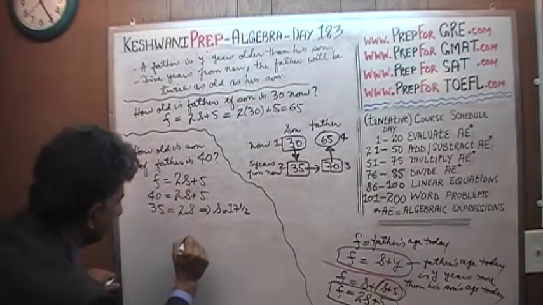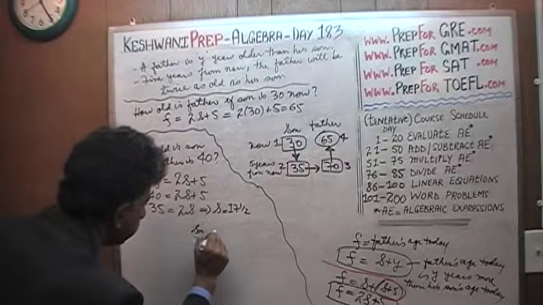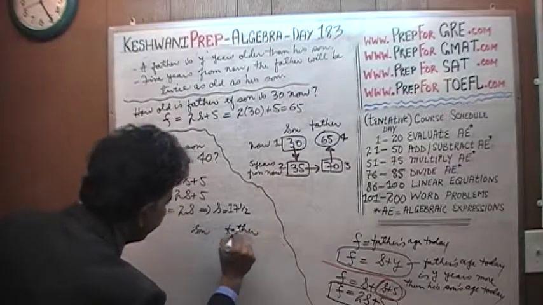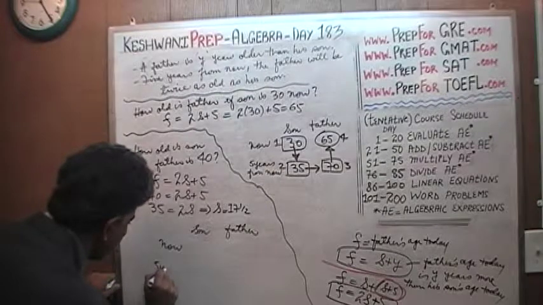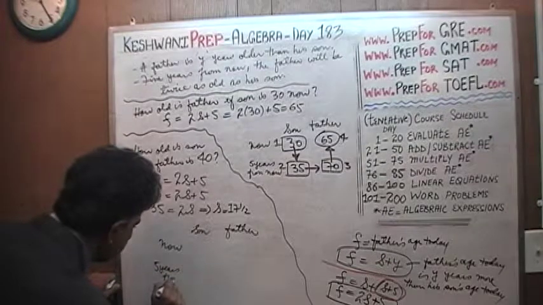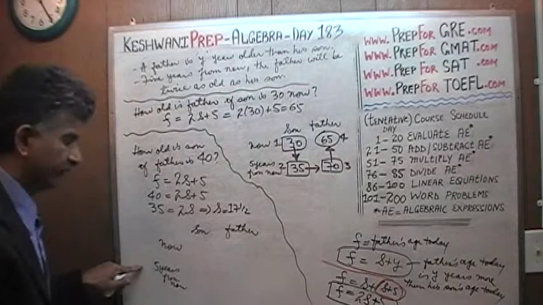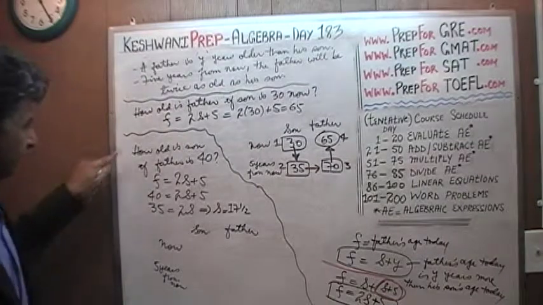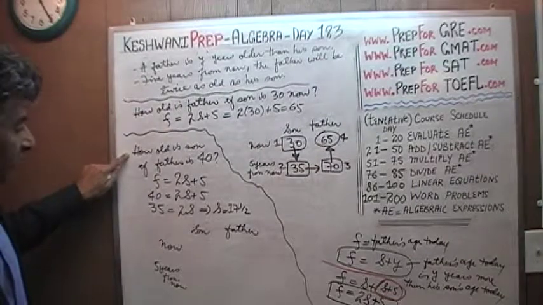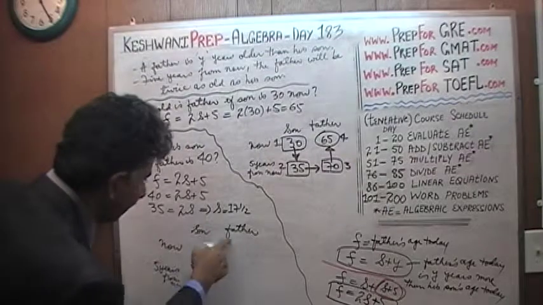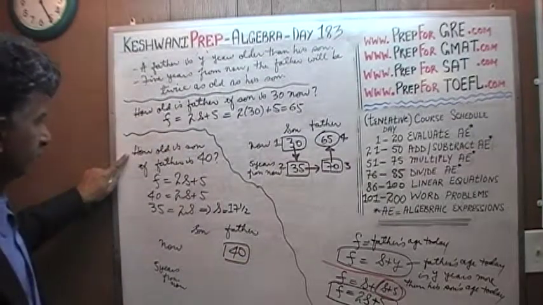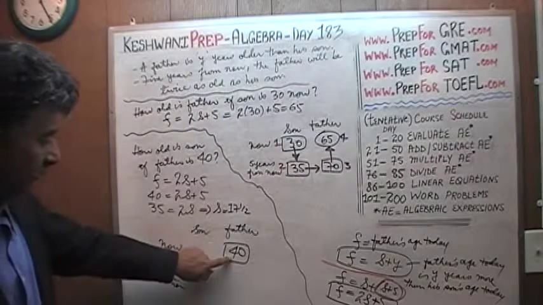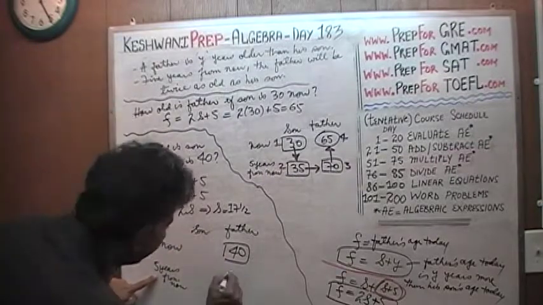Let's do the same thing again. Here is our son. Here is our father. Here is now. And here is 5 years from now. Watch what happens. In this scenario, we are told that the father is 40. So father is 40. That's our first box. Well, if father is 40 now, then 5 years from now, father must be 45.